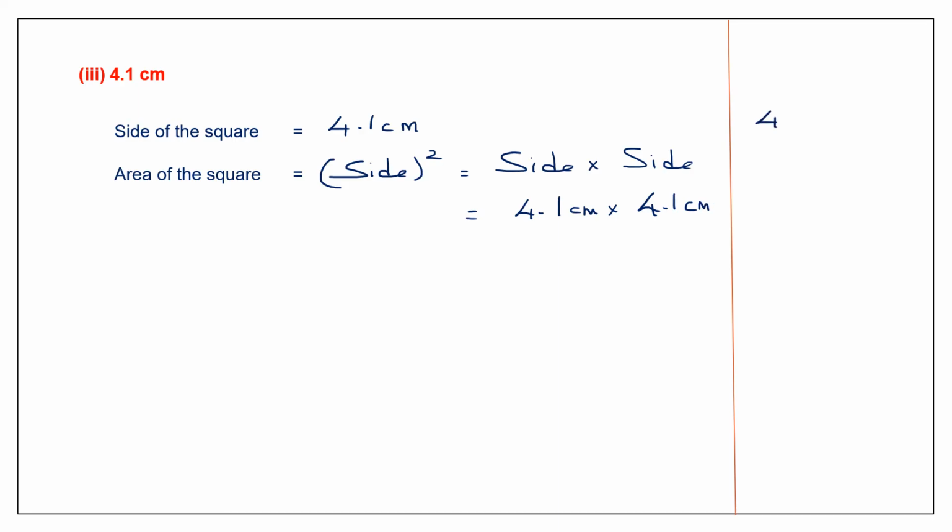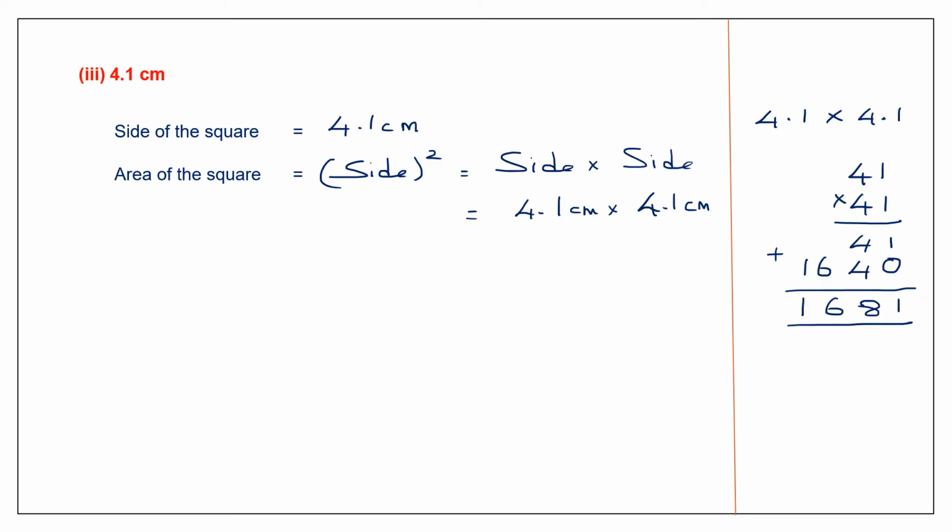So let's multiply 4.1 into 4.1, ignoring the point, 41 into 41. 1 ones are 1, 1 fours are 4. Second step, 4 ones are 4, 4 fours are 16, plus 1, 4 plus 4 is 8, 6 and 1.